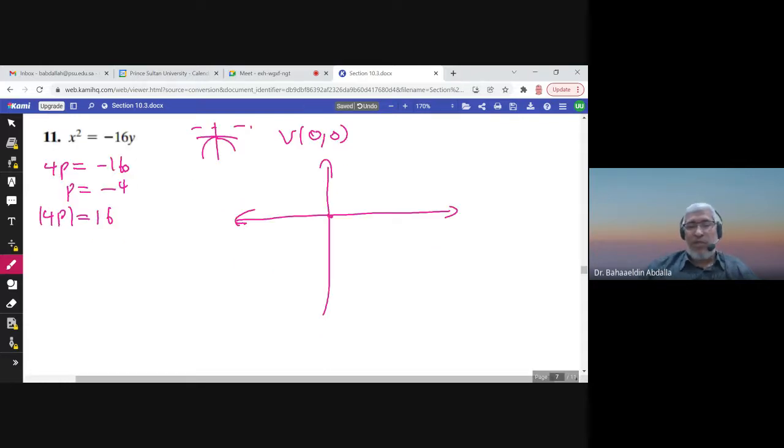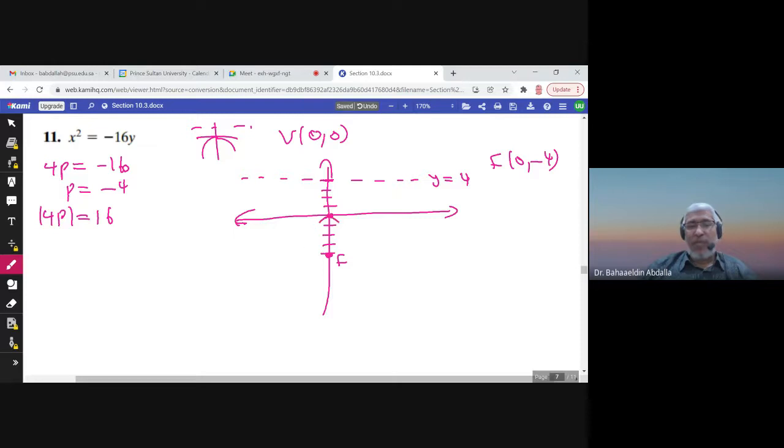0, 0 is the vertex. p is negative 4. The absolute value of p is 4. So I go 4 units up, 4 units down. This is the focus. The focus has coordinates 0 and negative 4. This is the directrix. The directrix has the equation y equals 4.